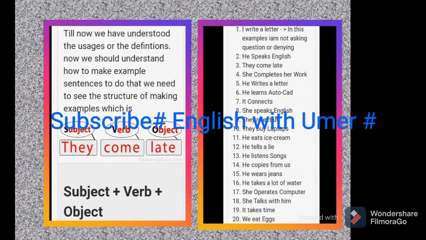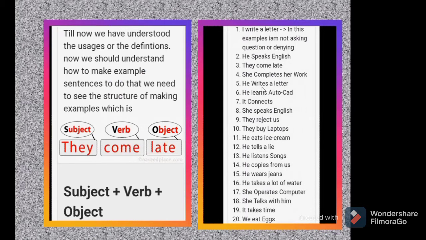There are certain rules. But sometimes we don't use S. For example, they come late. Here we don't use S or ES. Why? We are going to discuss in the next slide where we use S, where we use IES or simply S, and where we don't use S or ES or IES.